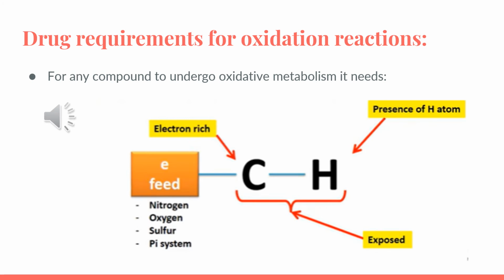Second of all, the atom needs to be exposed to the catalytic binding site of the enzyme. And third of all, the atom needs to be electron-rich in order to attract the activated oxygen to transfer the hydrogen from a hydrogen atom into an alcohol OH atom.